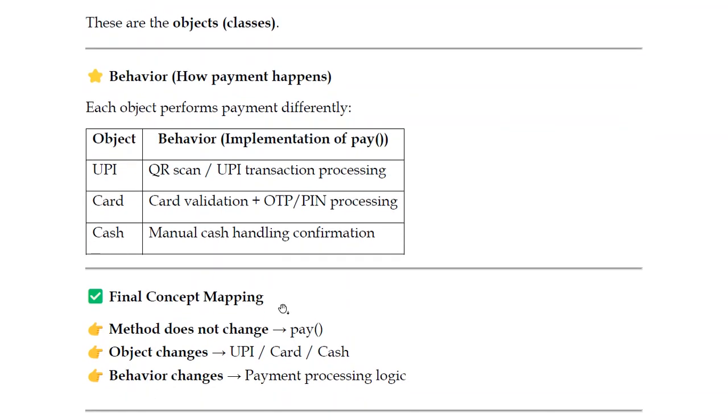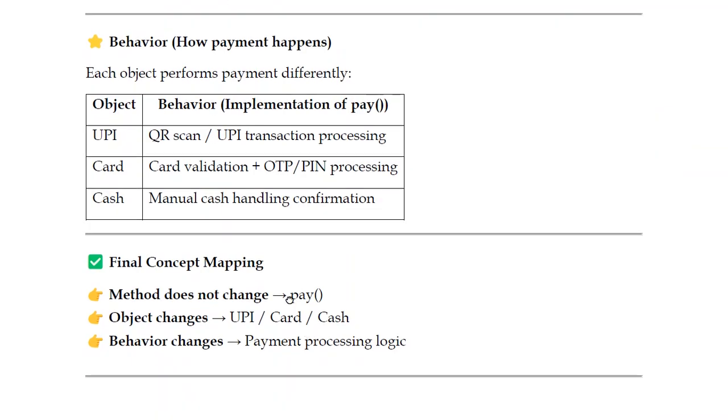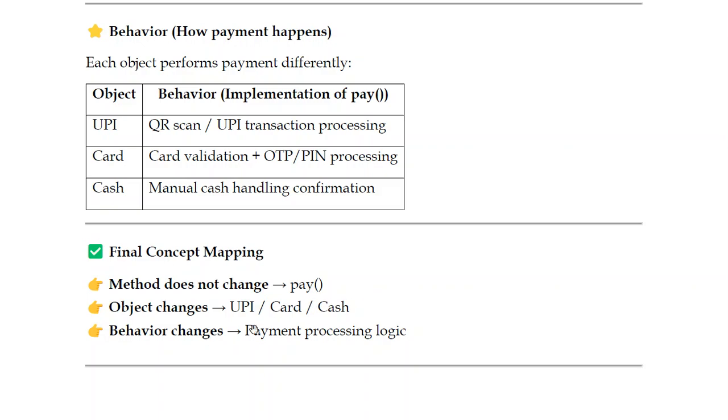If you're ordering something on the ABC platform, it'll ask, are you paying cash on delivery, or through card, or through UPI? Paying is the task. The action is the same, pay, but the behavior differs depending upon the object. So the method does not change, pay.